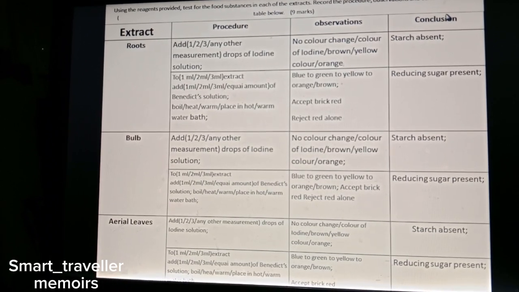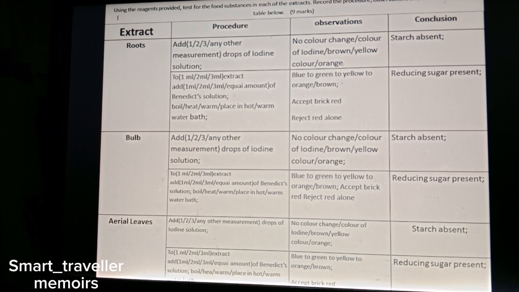Okay. The table, we have roots, bulb, and aerial leaves. In the first, for the roots, you have 2 or any other measurement drops of iodine solution, no color change, starch absent. All right.